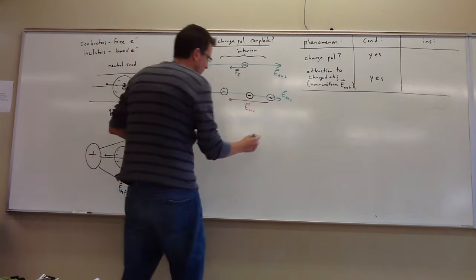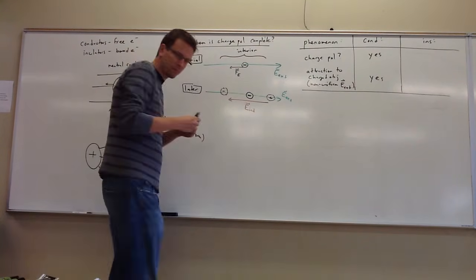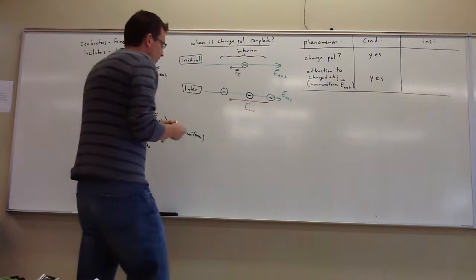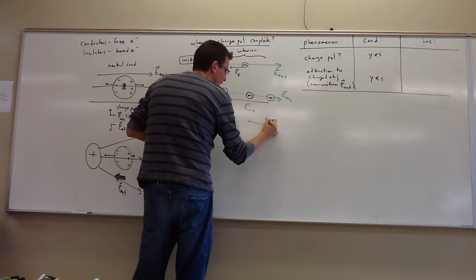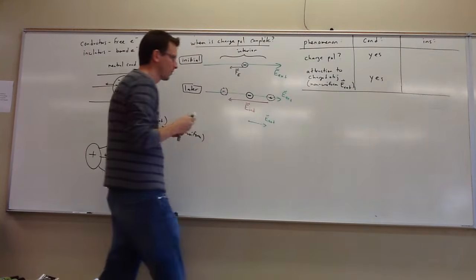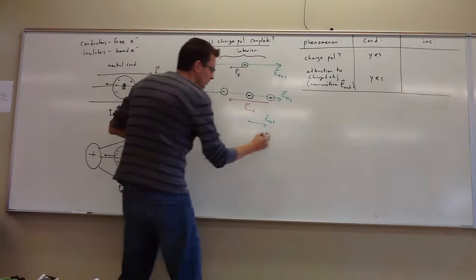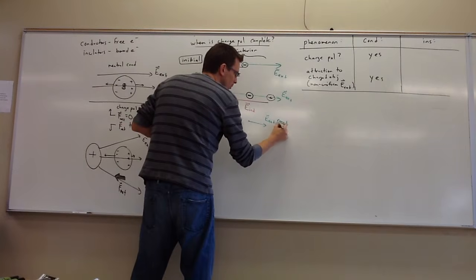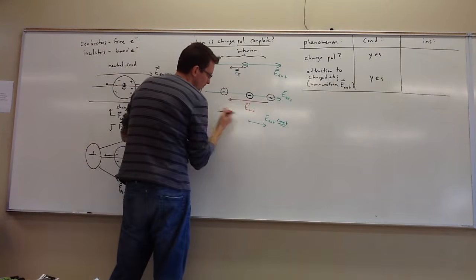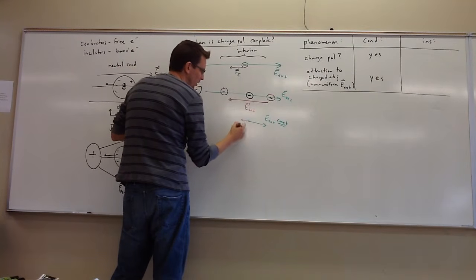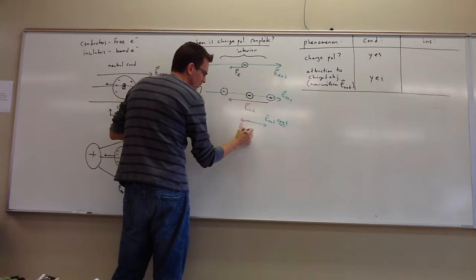We have that E external, which I guess I'll draw like this. Now that is constant, but E induced is starting to grow. So this is E induced, and this is growing.